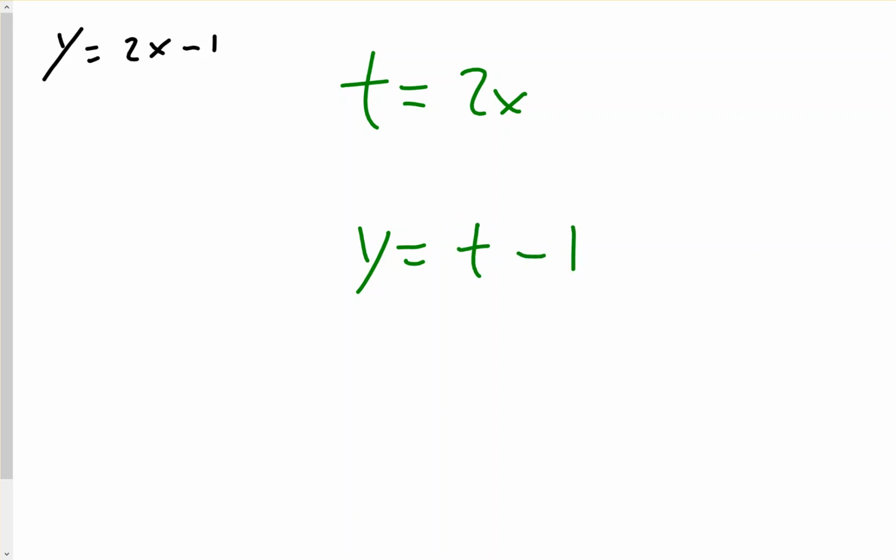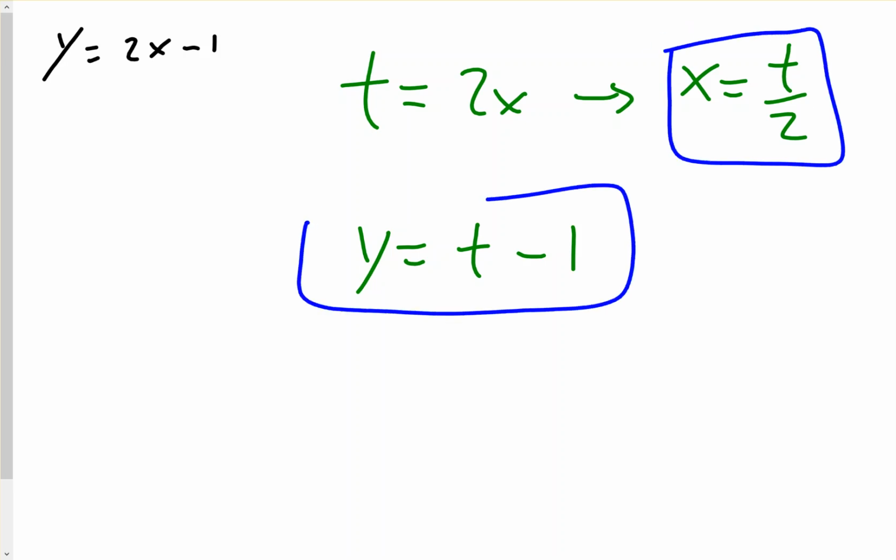Well, now you might ask yourself, where's the x? Well, we just rearrange this equation to solve for x. If we divide both sides by 2, we would have x equals t over 2. And so these two would be our parametric equations.